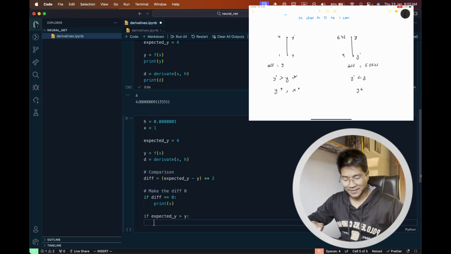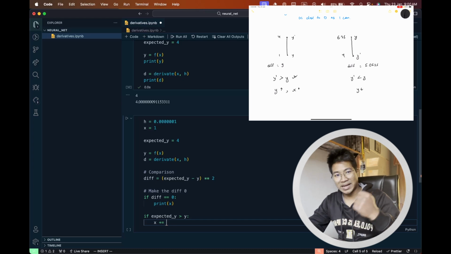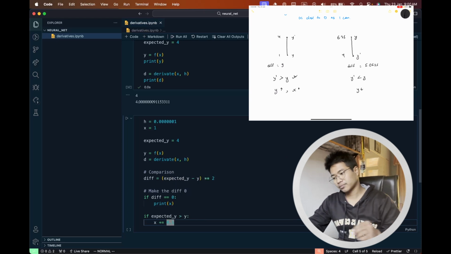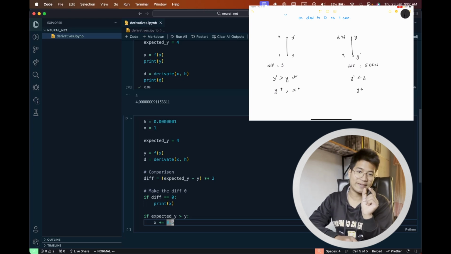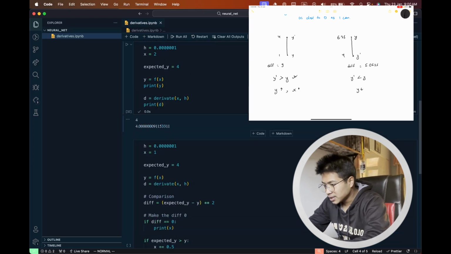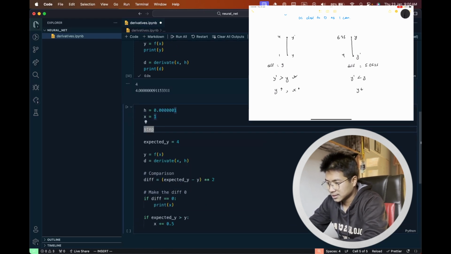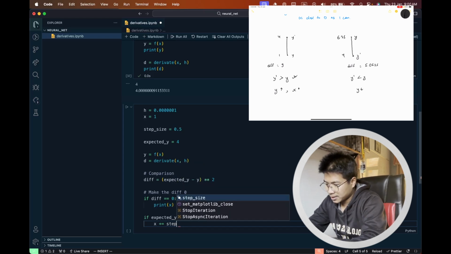So let's increase our x value. So x value, let us say, is increased by some amount. Okay, let's say 0.5. Okay, so because we're increasing our x by 0.5, right, 0.5 is the step size. Okay, so let me extract that variable as step size. Step size is 0.5, sorry, 0.5, not 0.005. Okay, and this would be increased by a step size.